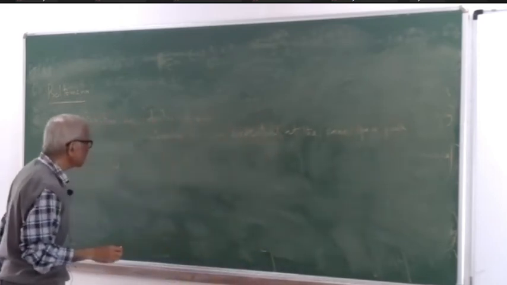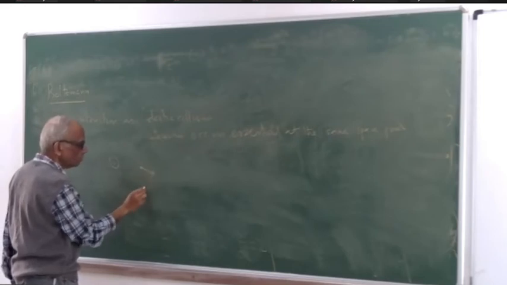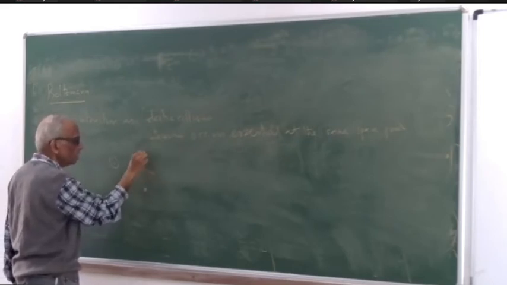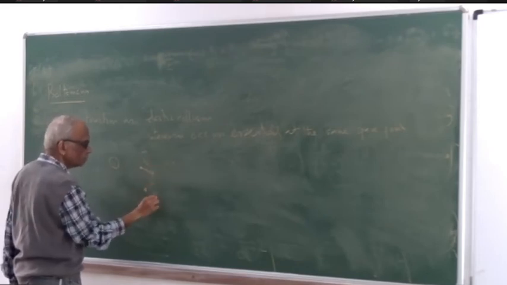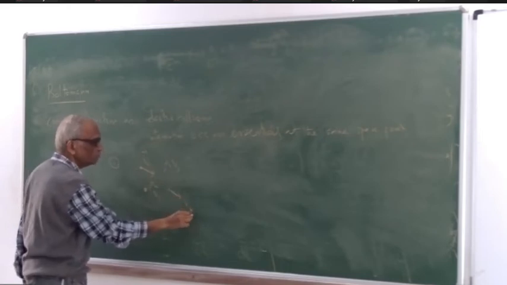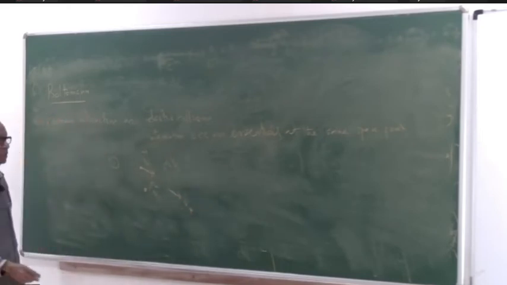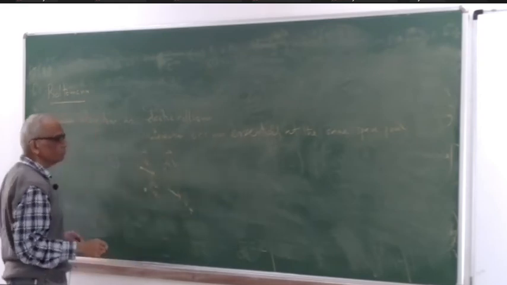The molecules are essentially point objects in this, coming with a velocity v1 and v2 and scattering off with a v3 and a v4. So they come, collide, and off they go.